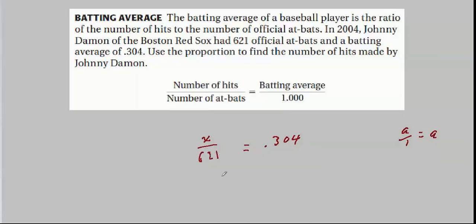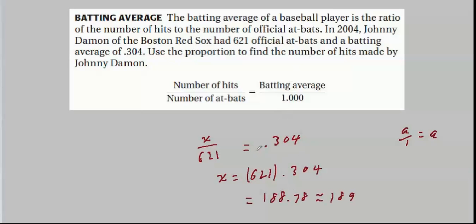So, it's just x equals 621 times .304. Looks like you hit a little over 180. 190 or so, but let's work it out exactly. So, all we had to do was multiply the .304 by 621 and get 188.78.